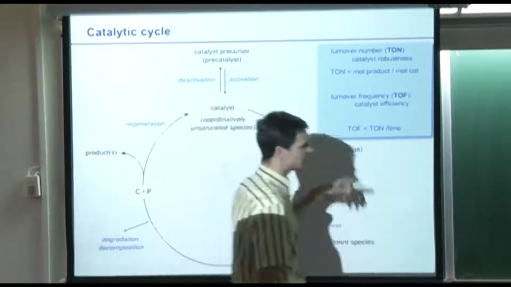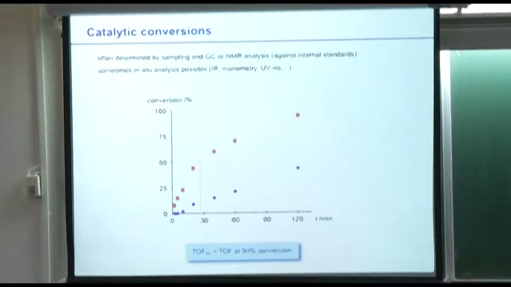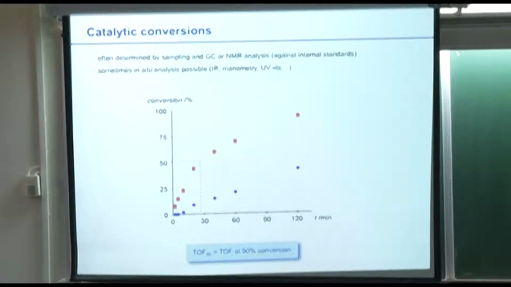So turnover frequencies we have, and for the turnover frequency, I should add, it's very important at what stage you measure it. There as well, when you look into the literature, you see all types of bogus. The turnover frequency basically is the slope of my conversion curve.